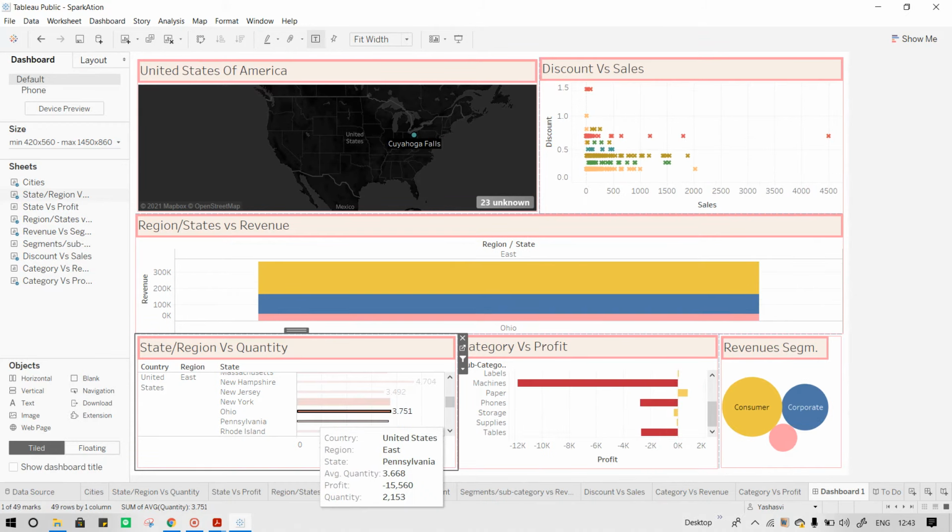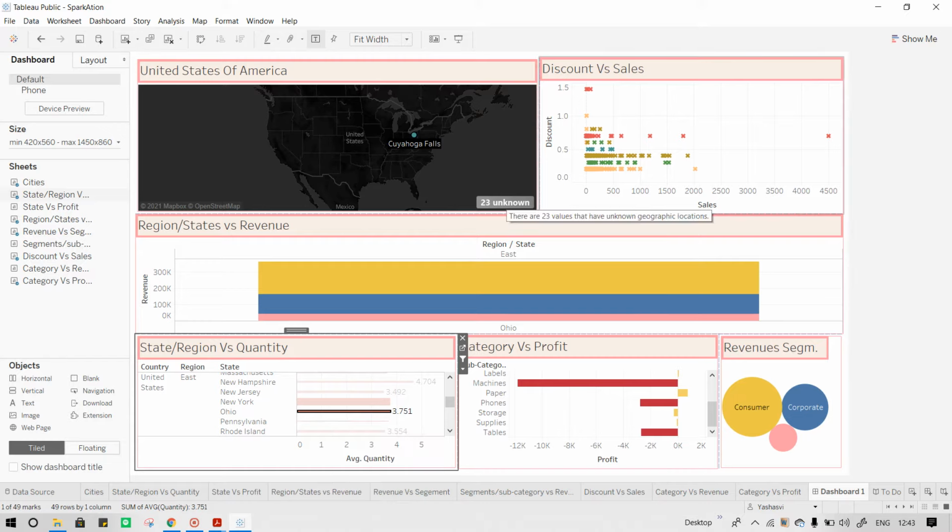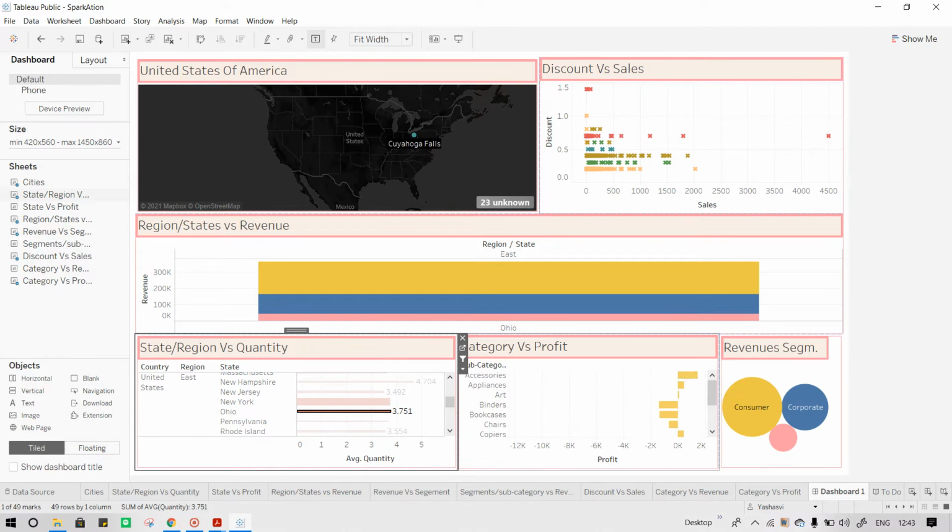Now I took a different state, Ohio, in the eastern region, as an example. We can see that Ohio has a lot of losses compared to profits. So we cannot remove all the products, because most of the products are in negative profit.